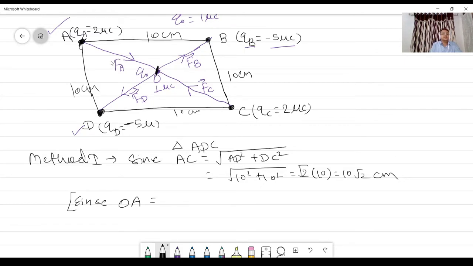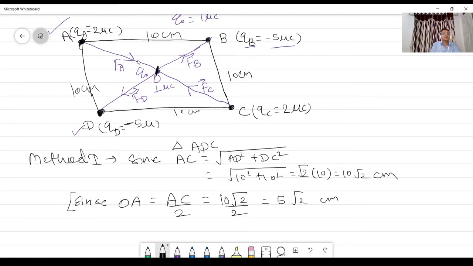OA is the distance from the charge QA to the O, because in Coulomb's law the distance between two point charges is used. So it will be just half of the diagonal, because the diagonals intersect each other. So here I can write AC upon 2, and this will be 10 root 2 upon 2, which is equal to 5 root 2 centimeter.